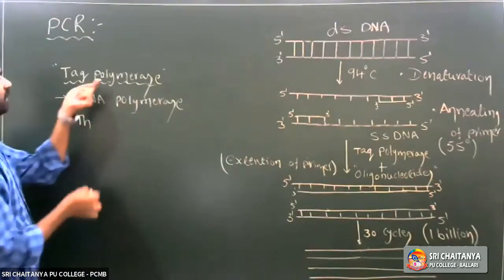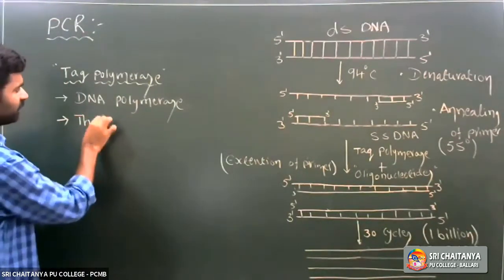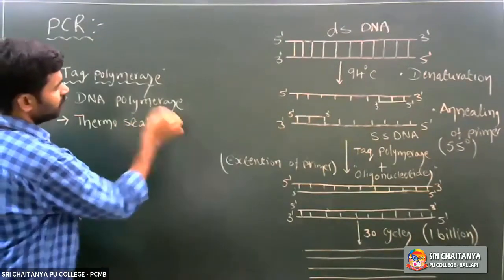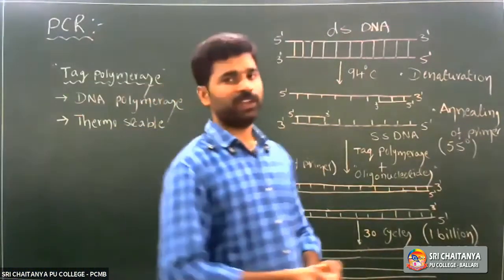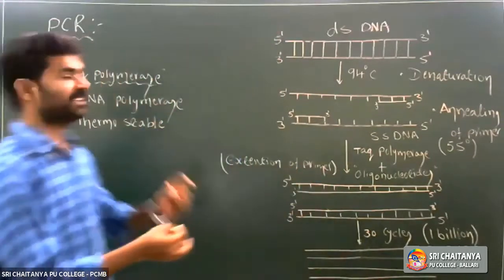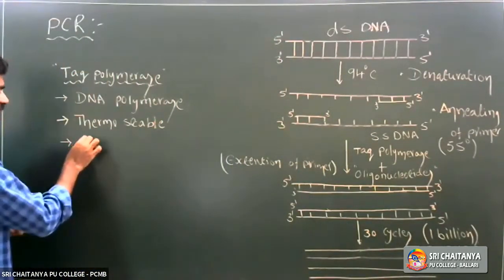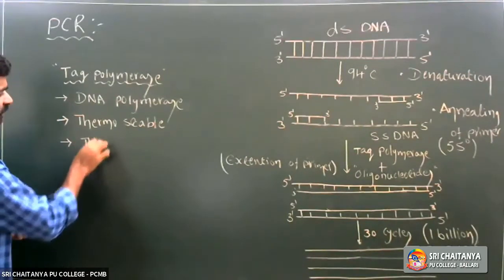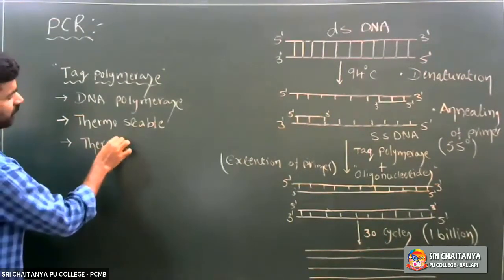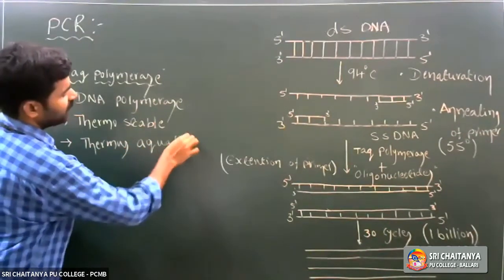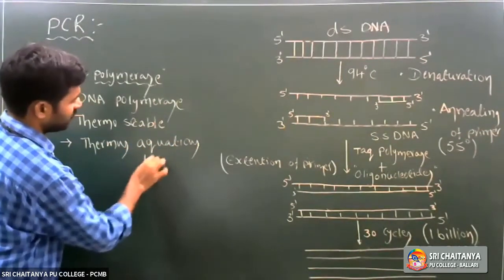So this Taq polymerase enzyme is a thermostable DNA polymerase enzyme. We extracted the Taq polymerase enzyme from the Thermus aquaticus bacteria.